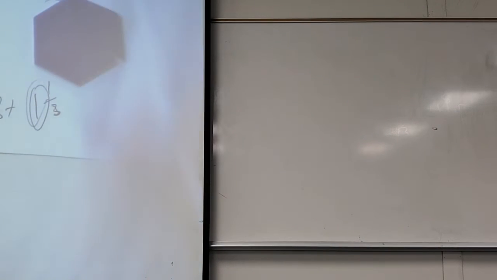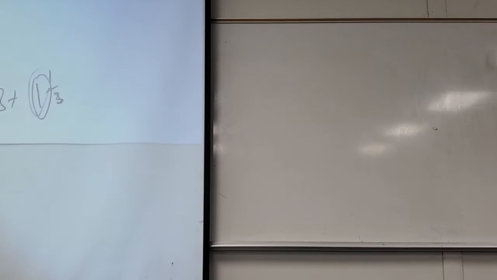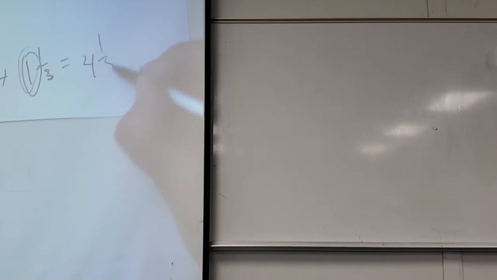Okay. So you can always relate what you have to do computationally, well, not always, but most of the time, to the manipulatives, to the visual. And if I go back, this would be 4 and 1/3, same answer we got visually.